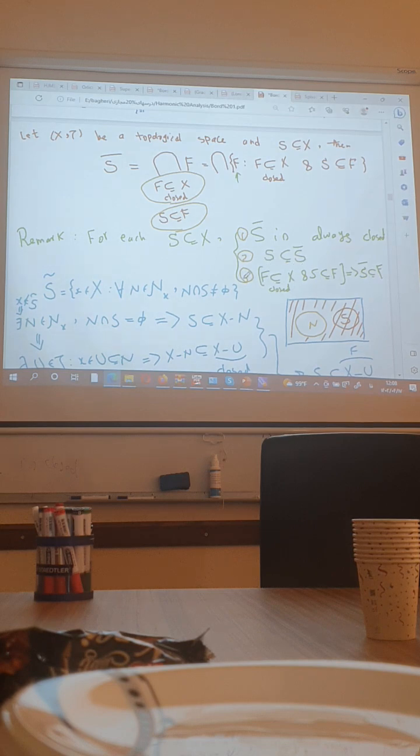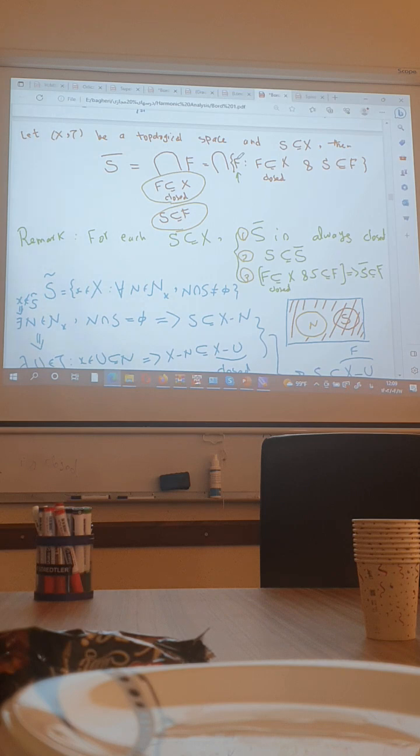And also we have this for any closed set containing S: S bar is a subset of all of these F. Because S bar is the intersection of these. An intersection of a family is a subset of all members of this family. It is very trivial, okay?